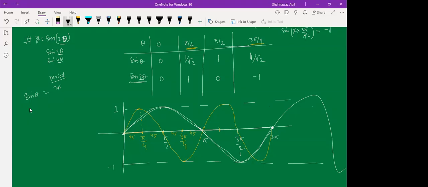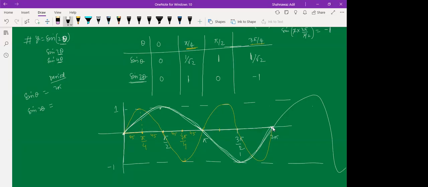Now you identify that for 2 theta, when the whole revolution is done for the case of sine 2 theta, you have that answer in the graph. So you see that sine theta is going 1 and then 0 and then minus 1 and then 0.